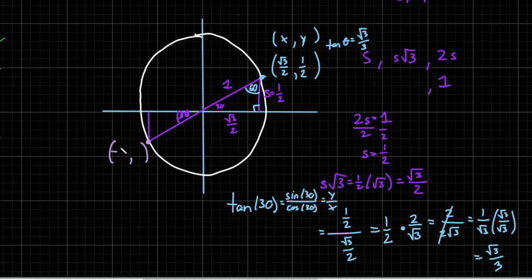Negative. Yep, negative. What about 1/2? Is it positive or negative over here? Negative 1/2. Great. So then tangent, is it positive or is it negative? Positive. Yeah, positive square root of 3 over 3.